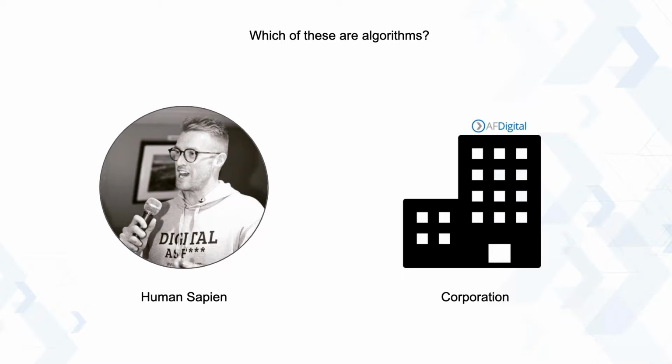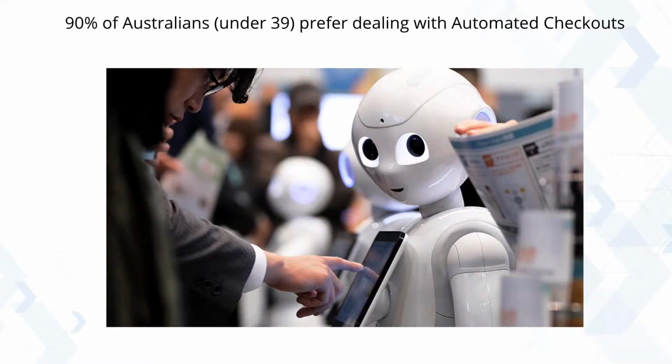To make this very simple, if we think about how humans like to interact with companies, they actually prefer interacting with robots. 90% of Australians under 39 prefer dealing with automated checkouts. It's intuitive that this will be the case.